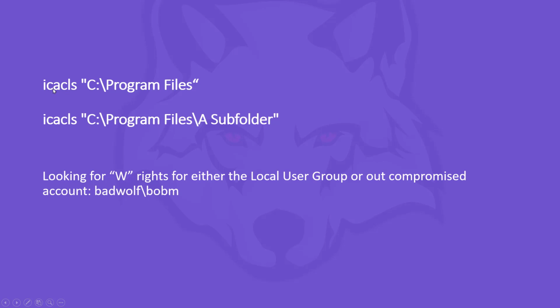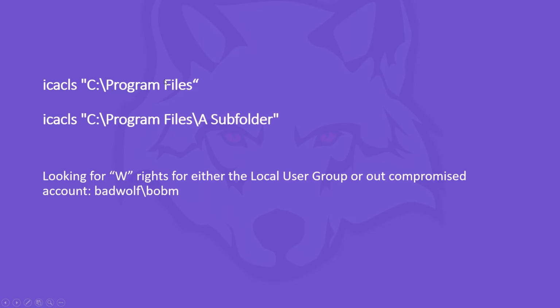So to do that, we're going to check the ACLs for the directory. So we'll start out with icacls, and we'll check Program Files. We know that's not a valid spot to start because there's not a Program. I mean, if we could write directly to Program Files, we could put in Program.exe.